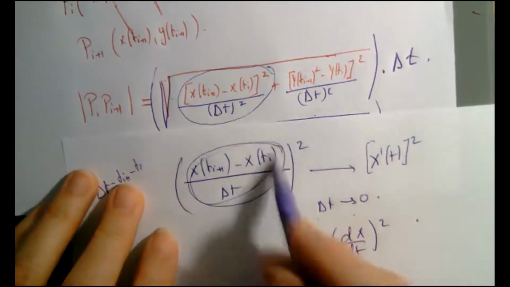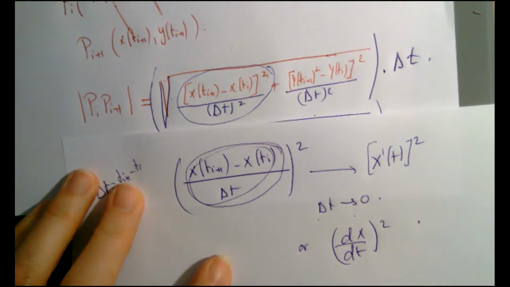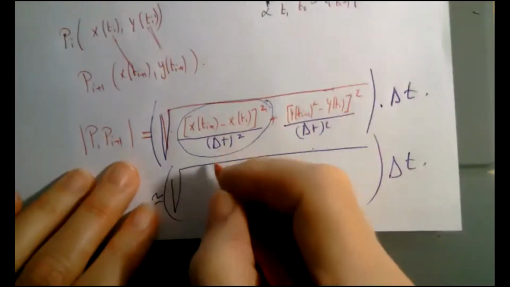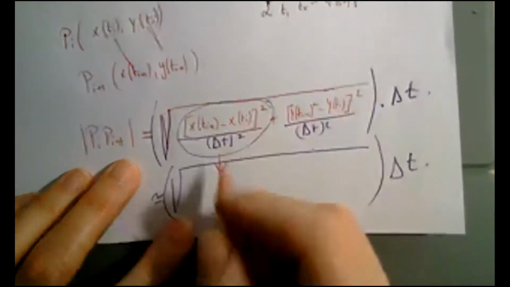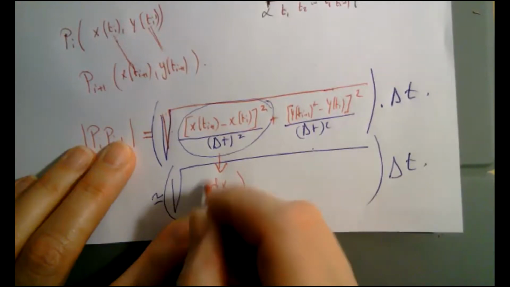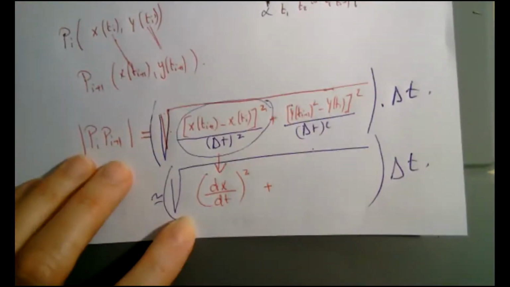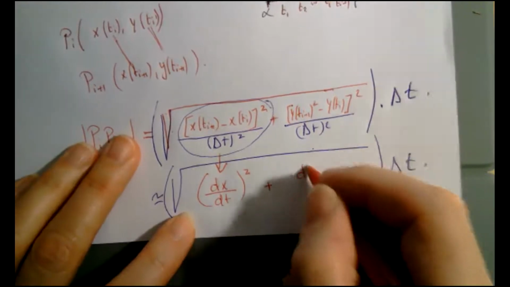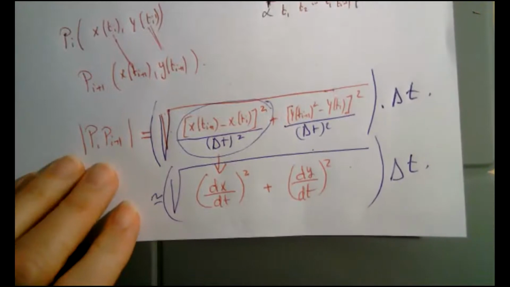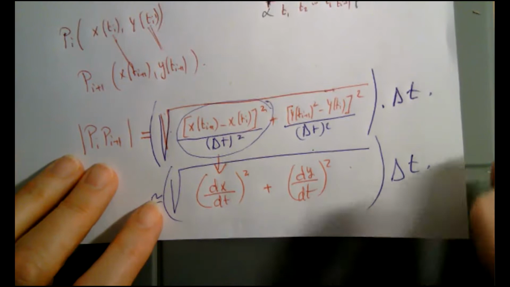So this piece becomes dx/dt. So I'm switching everything in terms of time. I have to because my expression is a function of time. Now I can do the same for y. So this piece here is going to become almost the derivative of x with respect to t squared. And this will become the derivative of y with respect to t squared. And that's the delta t. So that's how the formula is going to really be brought.